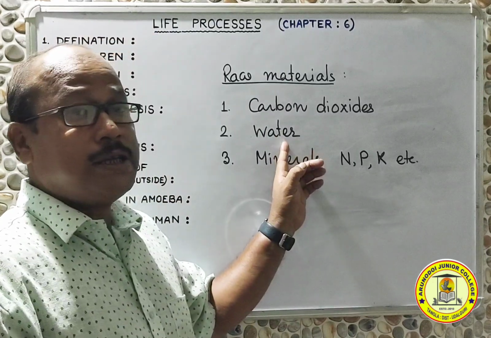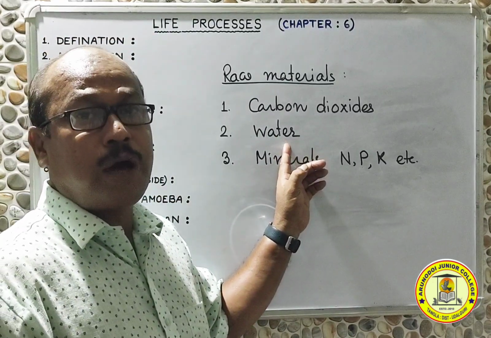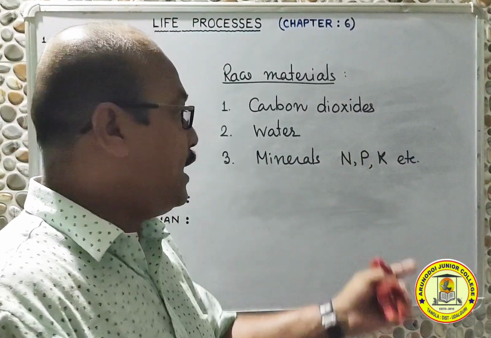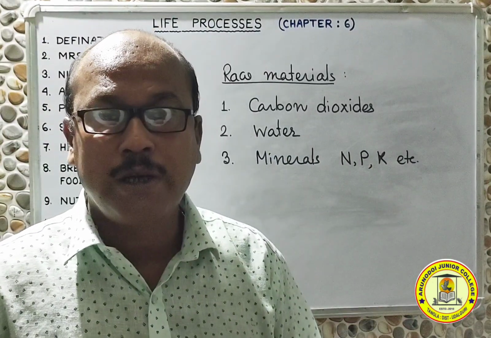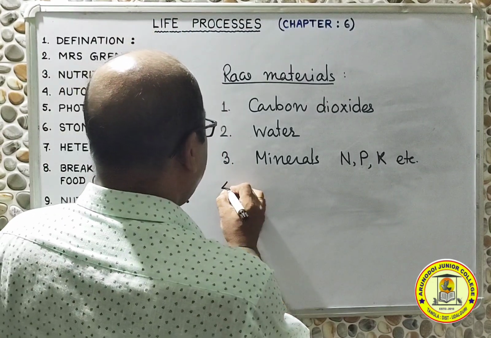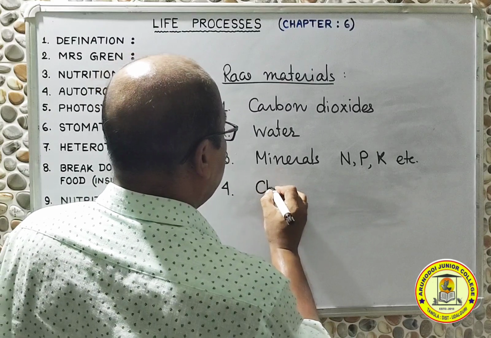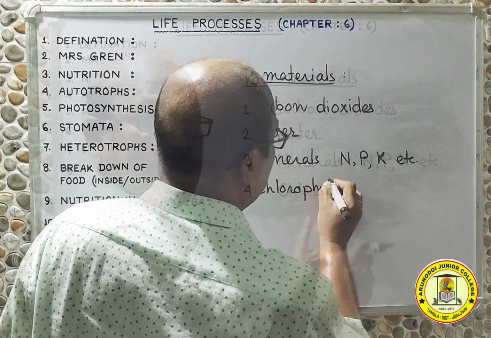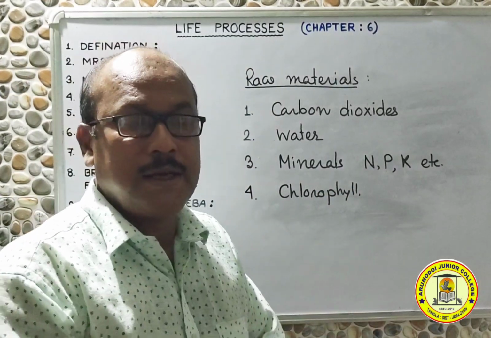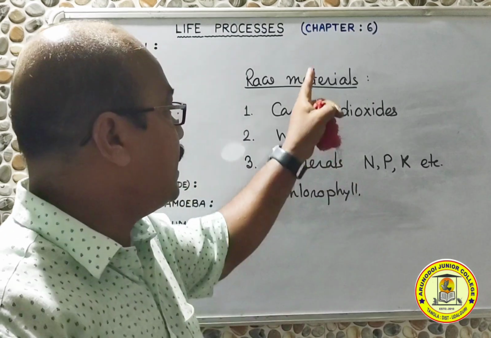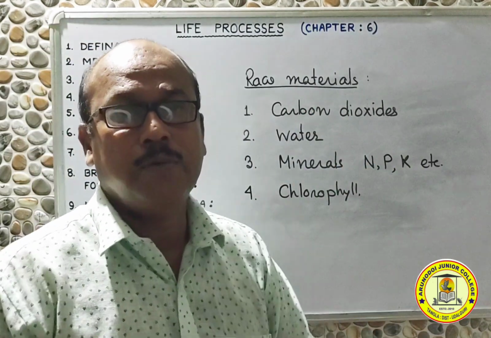When the water is absorbed by the roots from the soil, along with water these minerals also enter the plant body, and they play a very important role during photosynthesis. The fourth raw material is chlorophyll. Chlorophyll must be present to make the plant green, and without chlorophyll the entire process of photosynthesis will fail.